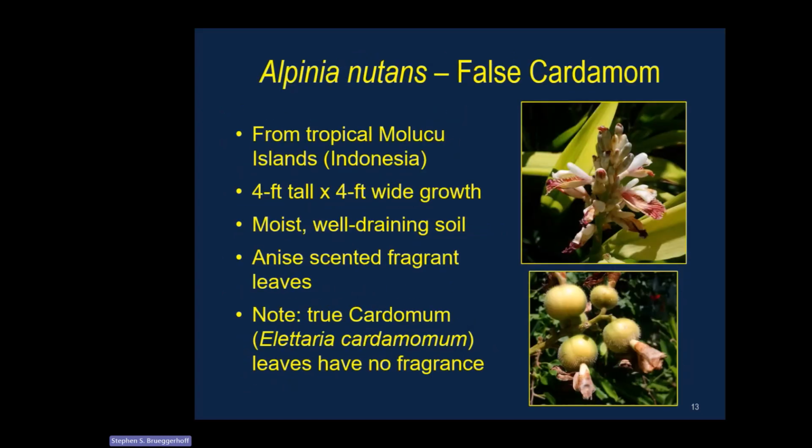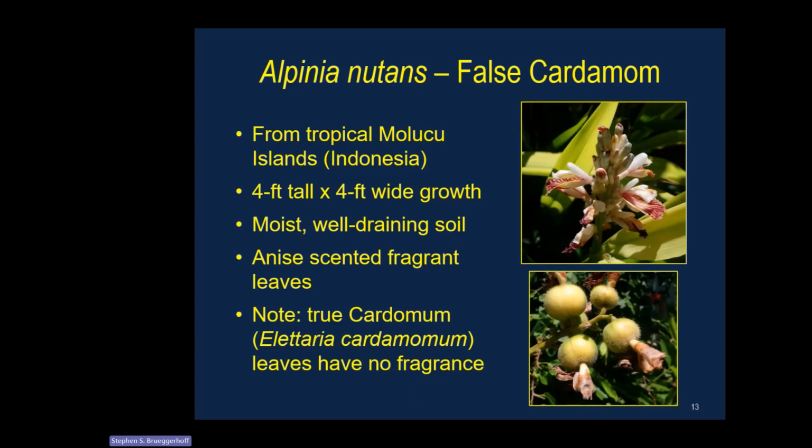Now, this is a plant that I came across at the demonstration garden in Brazoria County. I thought it was a cardamom, right? Cardamom the spice. Cardamom the spice is a member of the Zingiberaceae. It is a ginger, right? Ginger plant. And the leaves smelled wonderful. They had that anise-like scent to it.